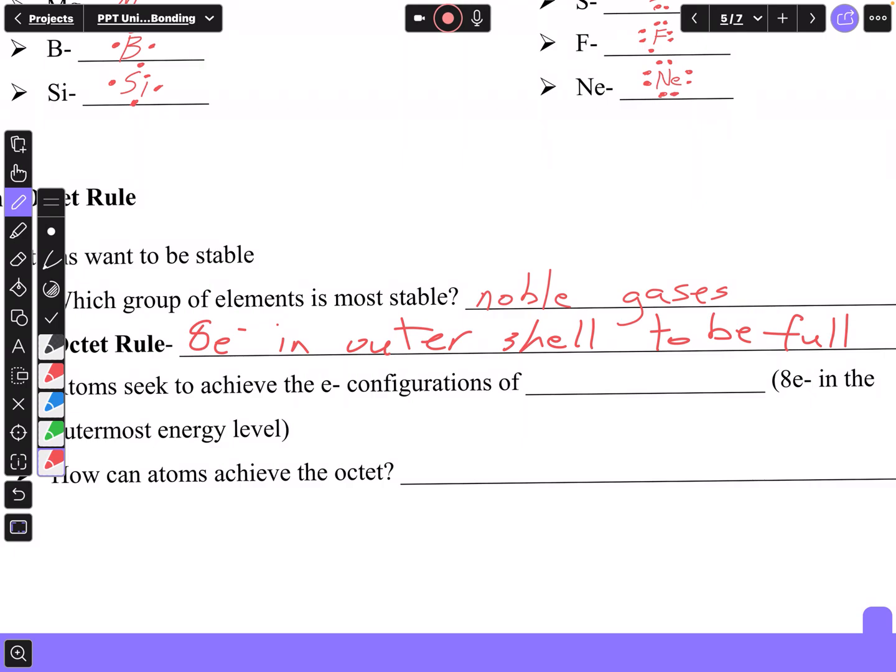Atoms seek to achieve the electron configurations of noble gases. All elements want to be like the noble gases.